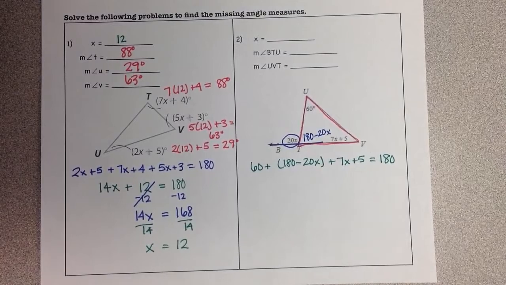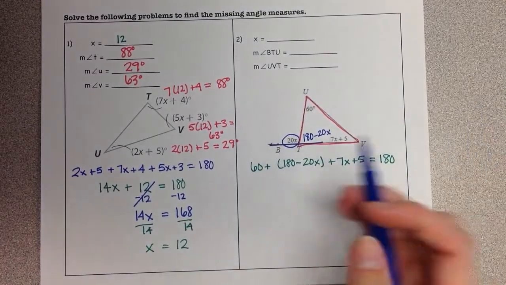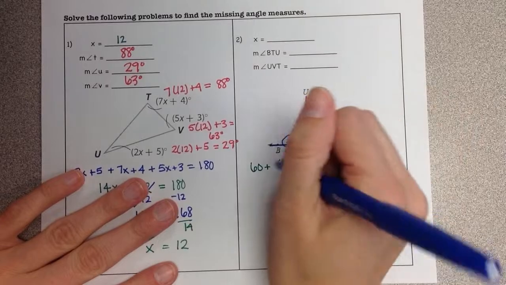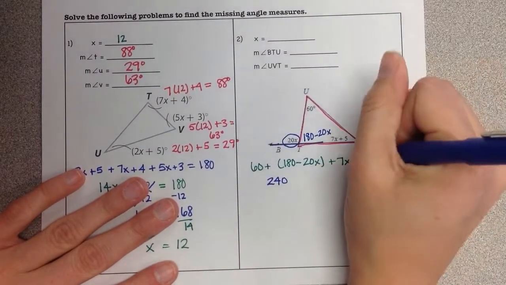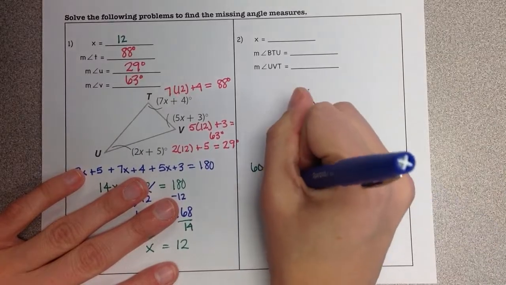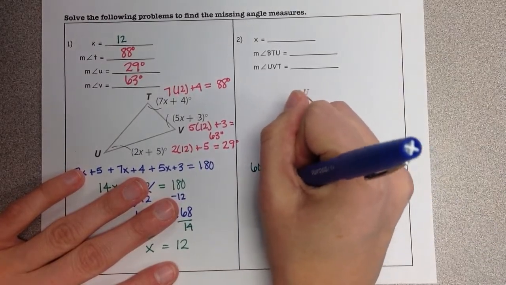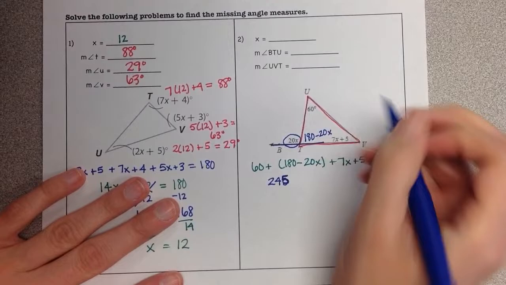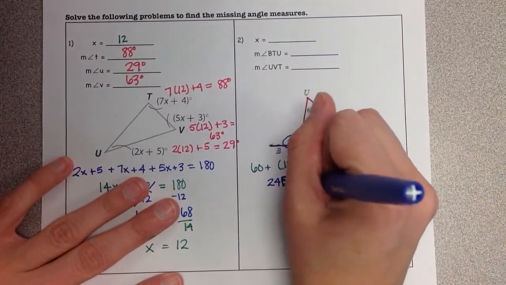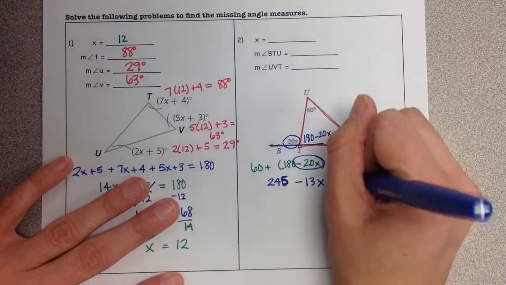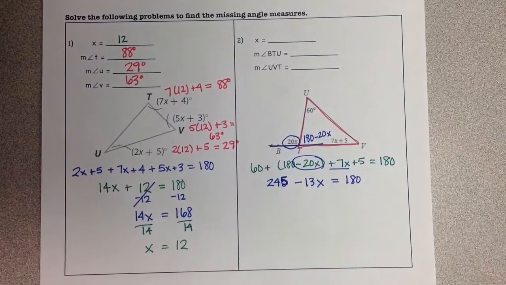So I'm going to simplify. We've got 60 plus 180, so that's 240, and plus 5, so 245. And then we have negative 20x plus 7x is negative 13x equals 180.